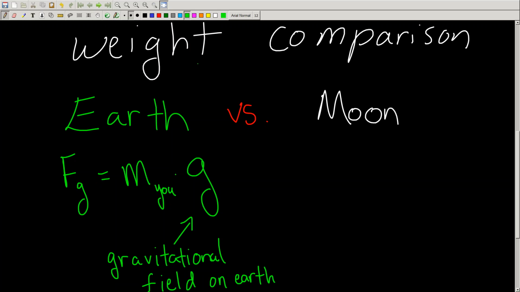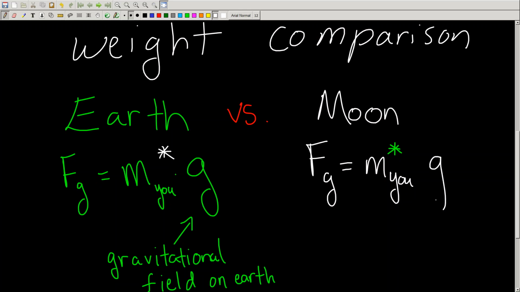Now, likewise, we have a gravitational field strength on the Moon. Notice something important though. The mass doesn't change, and we've talked about this in a previous video. Your mass won't change whether you're on the Earth or the Moon. The weight will.